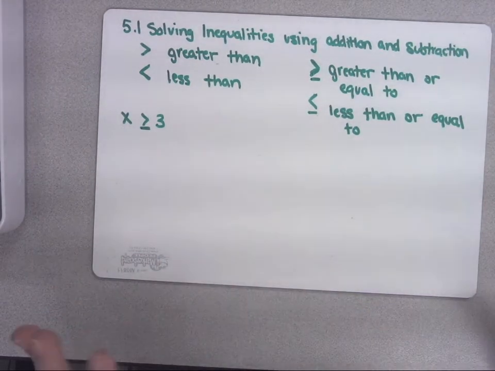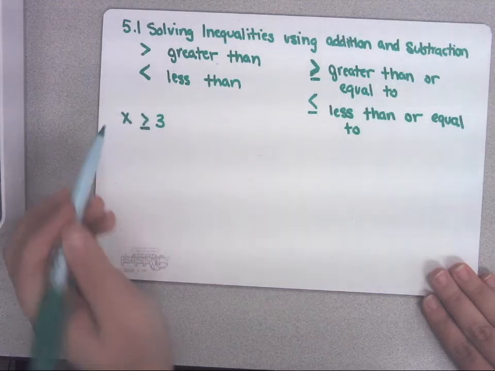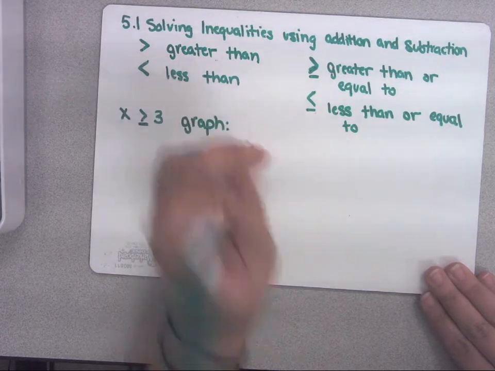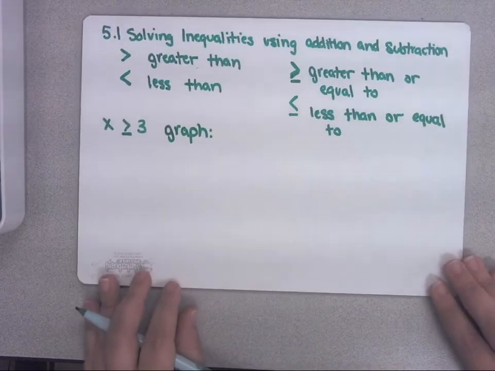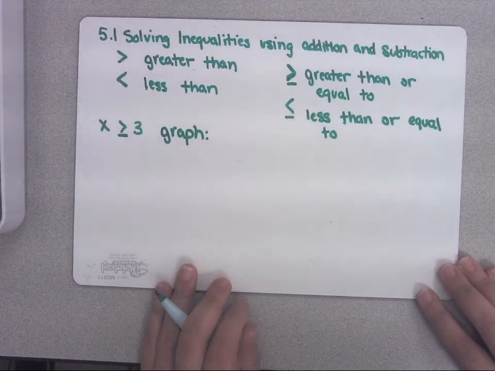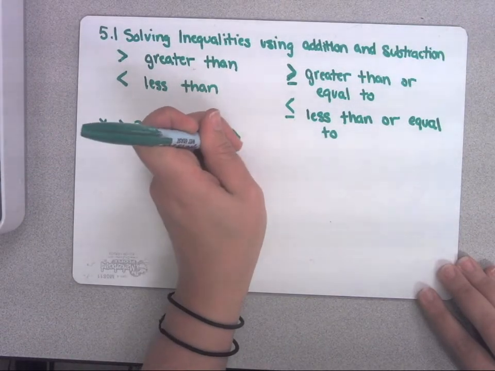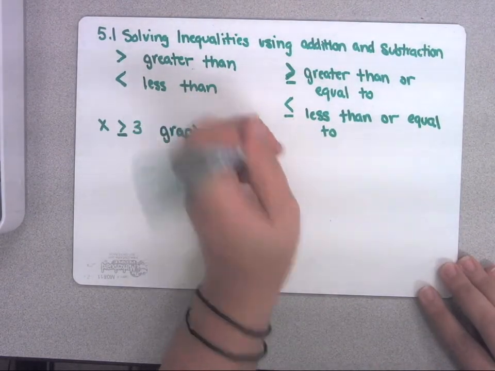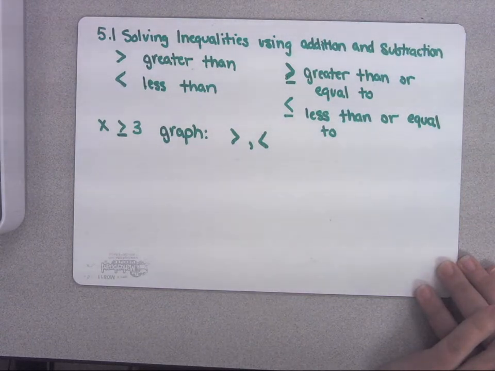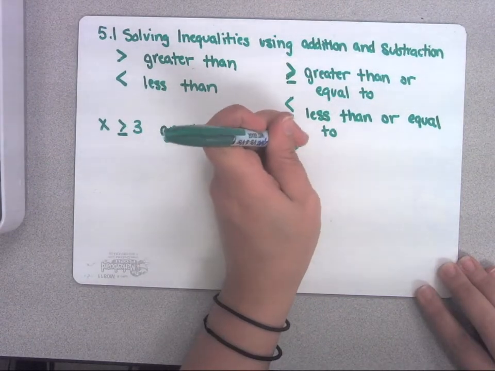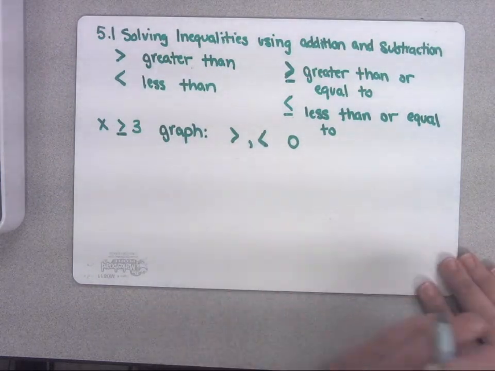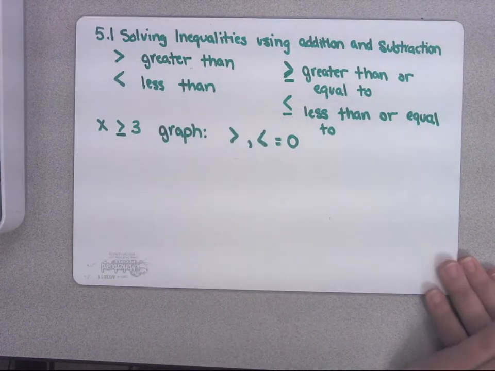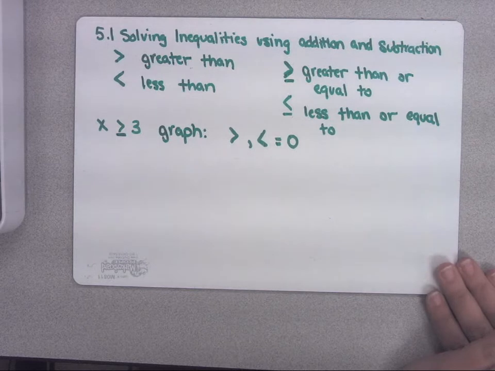Now, when we do these, we're going to solve them. So we want our answer to look like this, and we're going to graph them. When we graph, write down graph. The greater than sign and, or right, comma, either or, the less than sign both use an open circle on the graph, because we do not include those numbers.